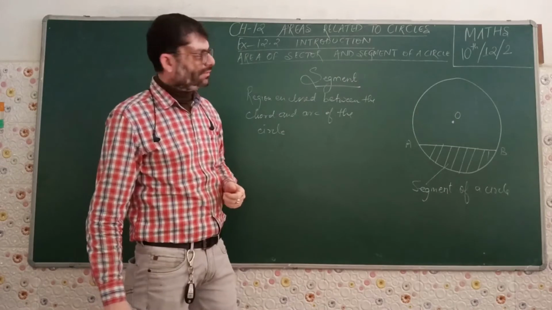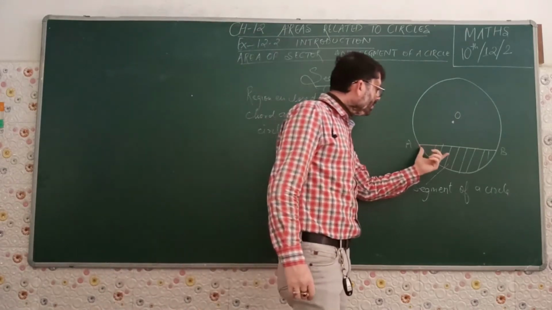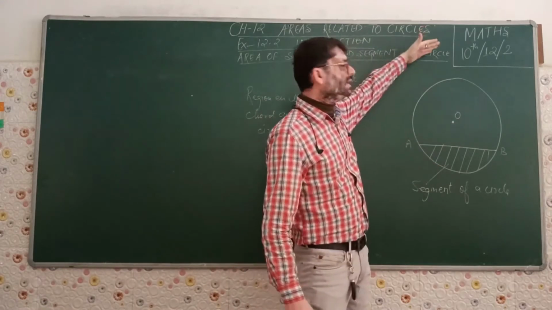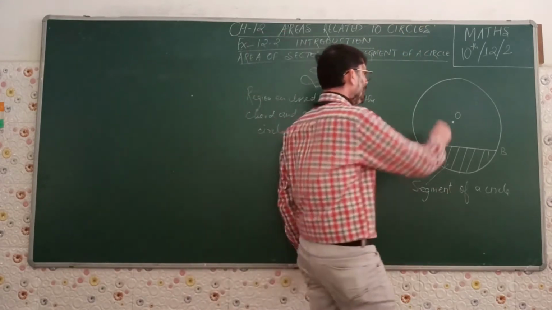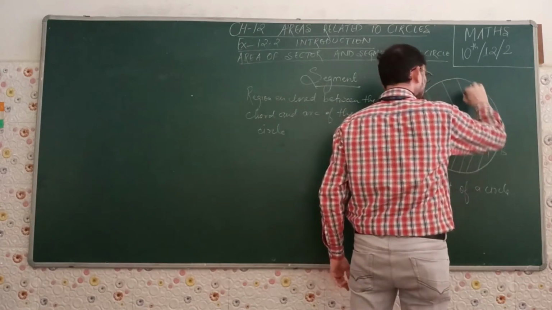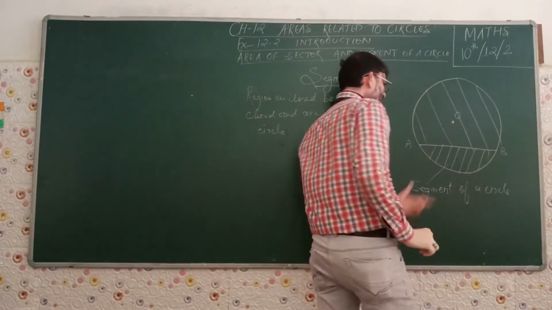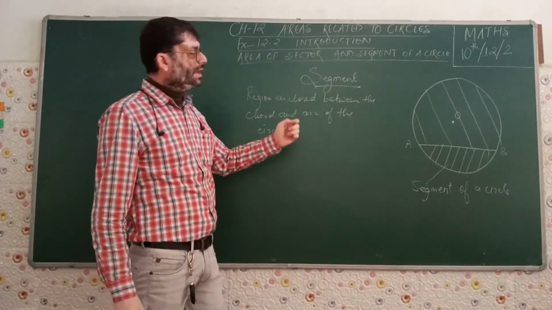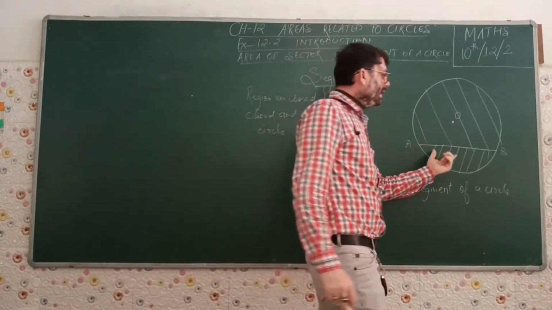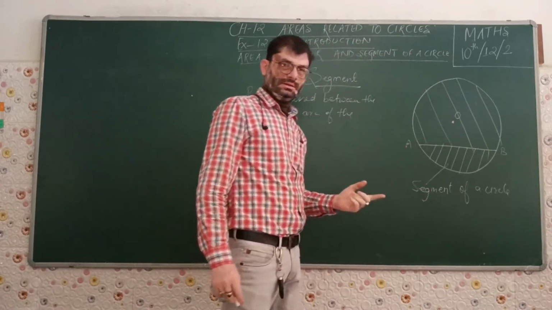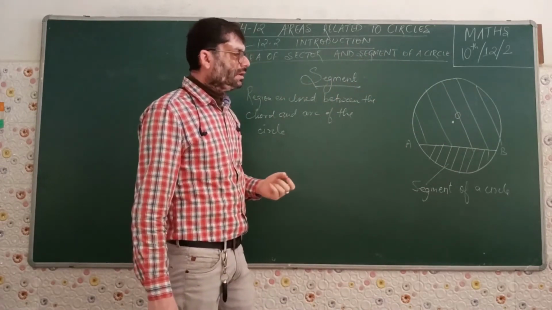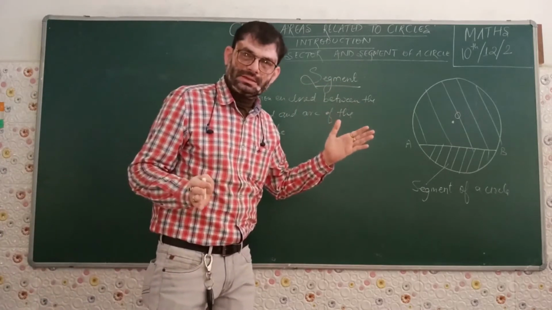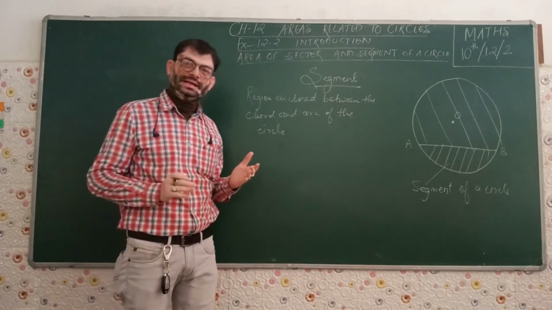Similarly, as in the sector, this is also a region that is enclosed between the chord and the arc. This region is also the region between a chord and the arc. If it is not the diameter, it is a smaller part of the circle. If it were the diameter, it would divide the circle into two equal parts, so both segments would have equal area.